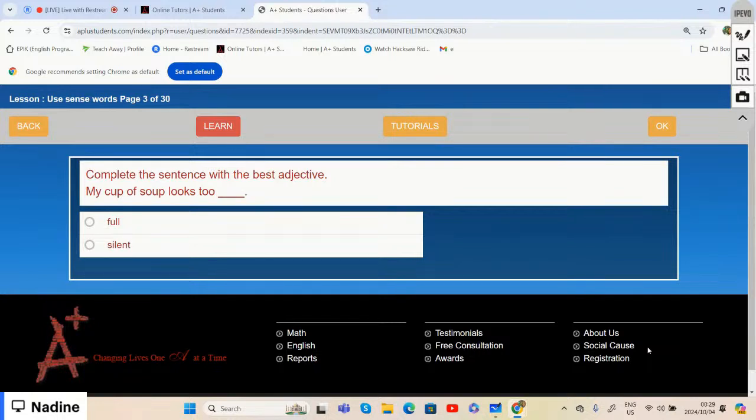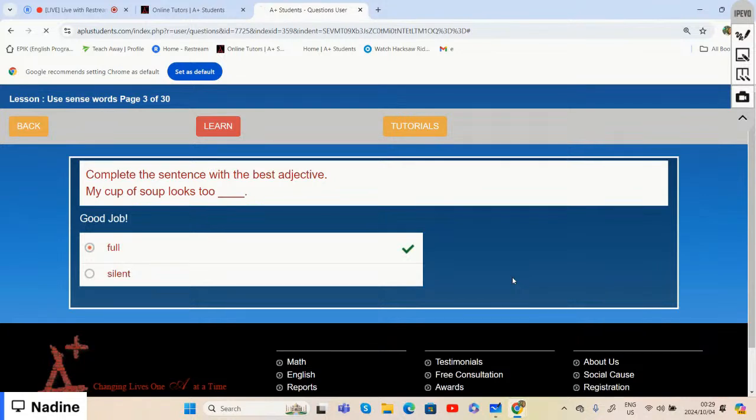So do we say the cup of soup looks too full or too silent? And if we were to choose the correct option, we can say that the cup is too full. Remember, your cup can be full, but it's not like how coffee talks to us or soup talks to us, right? So well done. Full is correct.